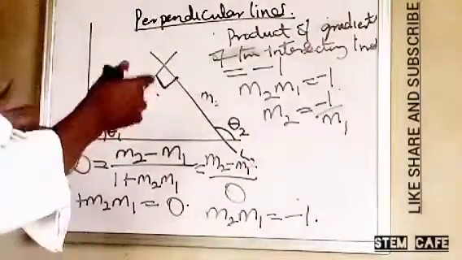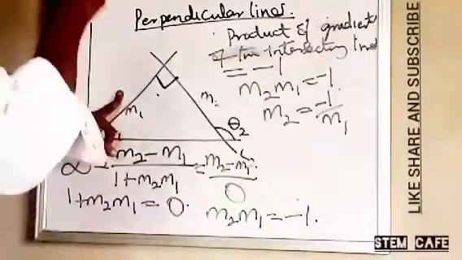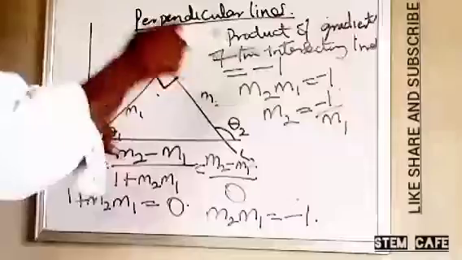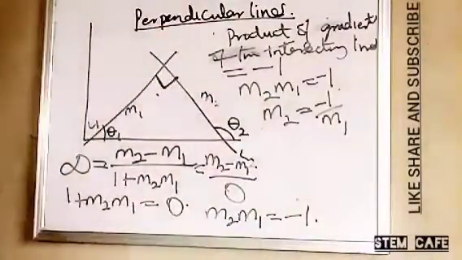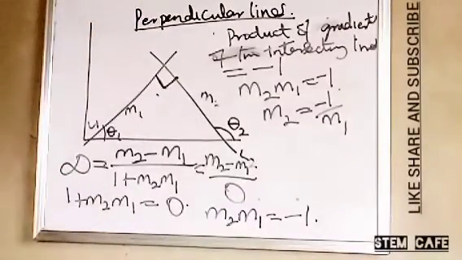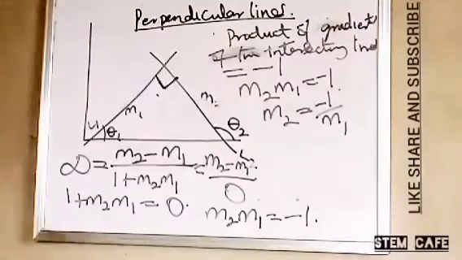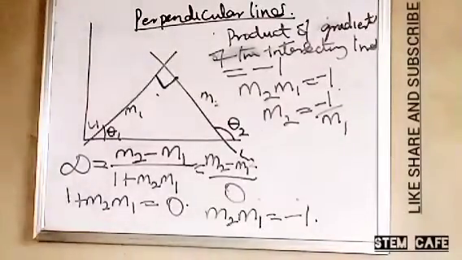That is, the gradient of one line is minus 1 times the reciprocal of the other one, or vice versa. So this helps us to get the normal, perpendicular distance, and some other things concerning shapes, or anything we are trying to find.